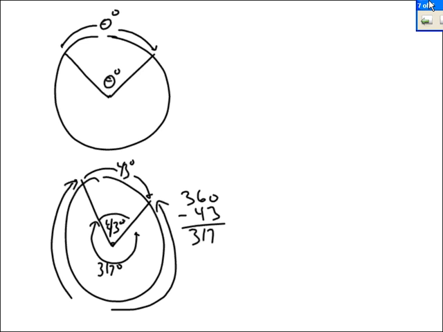That angle is 317. So is this. All the way around is 360. If I didn't make a mistake, 43 for one arc, 317 for the rest. When I add them, I do get 360.